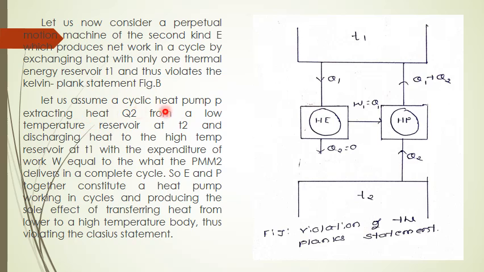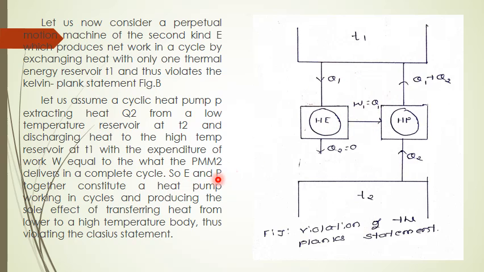Now let us assume a cyclic heat pump P extracting heat Q2 from a low temperature reservoir at T2 and discharging heat to the high temperature reservoir T1 with the expenditure of work W, which is equal to the work done by the heat engine, the PMM2. This completes one cycle.